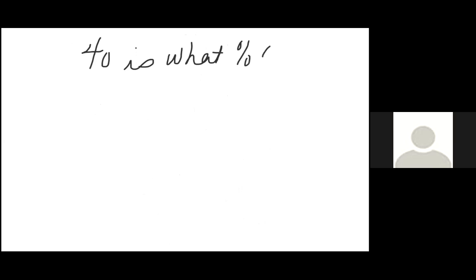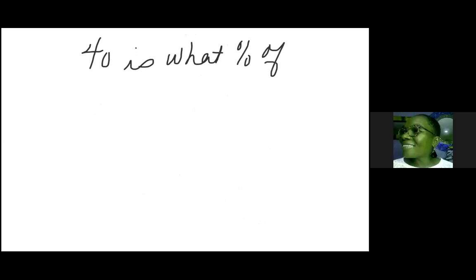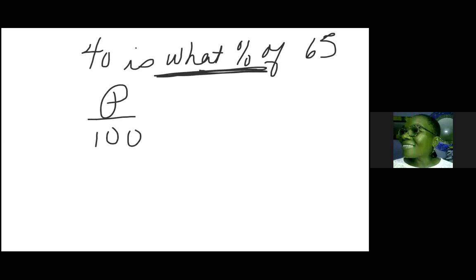Let me see here. Let's do 40 is what percent of 65? I'm just making this up, okay? 40 is what percent of 65? So I am going to go to the proportion because I feel like the proportion makes a lot of sense. The percent, we don't know what it is. So we're going to put it over 100, P over 100, because we don't know what the percent is.